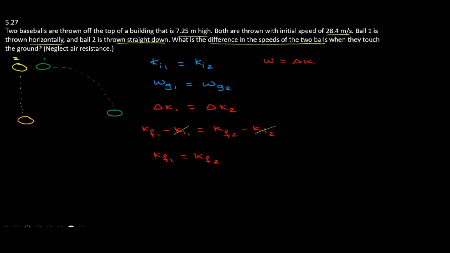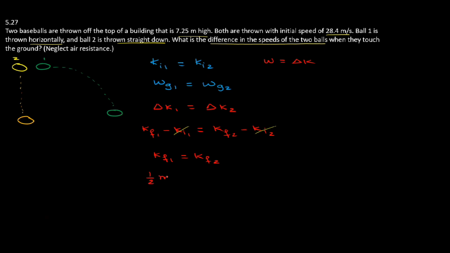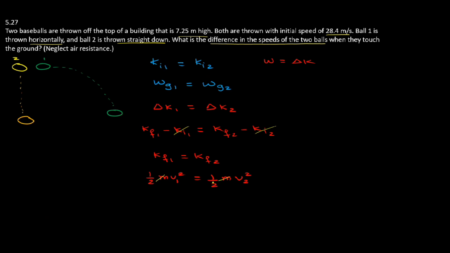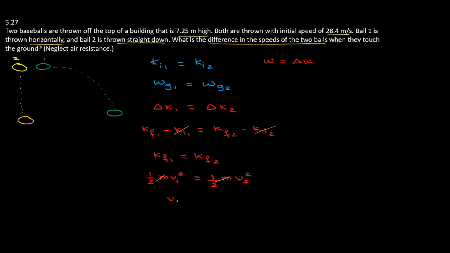Because kinetic energy is given by the rule half m v squared. So if they both have the same mass and the same kinetic energy, their final velocities must also be equal. If I cancel the common terms, half m, I get v1 squared equals v2 squared.